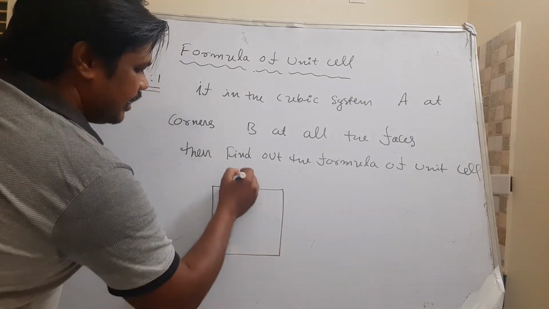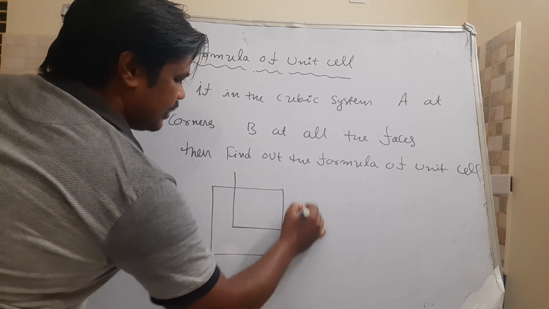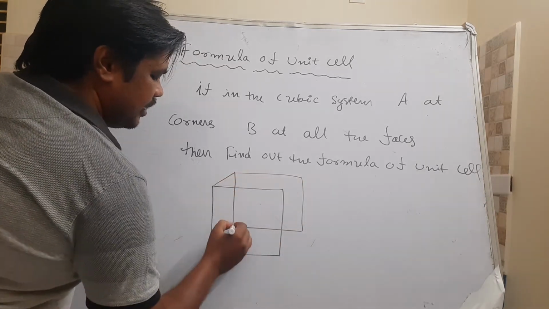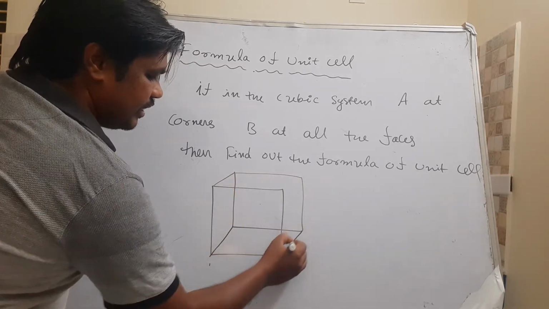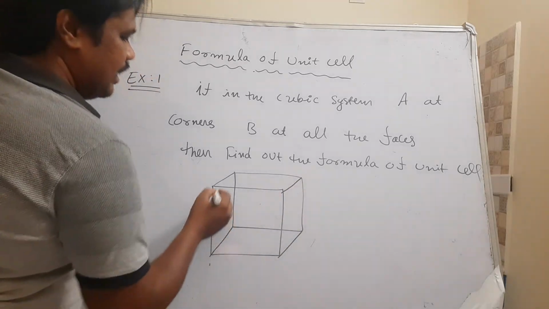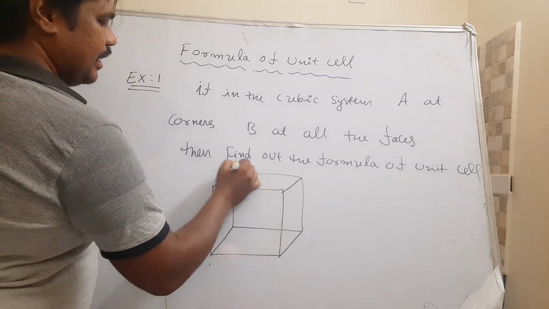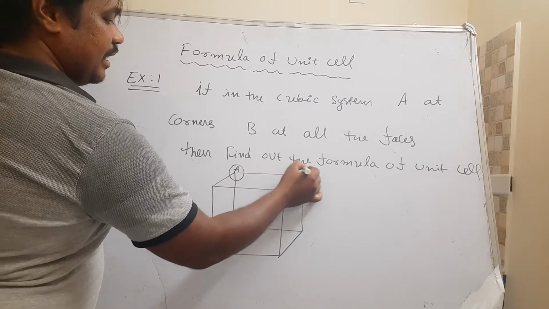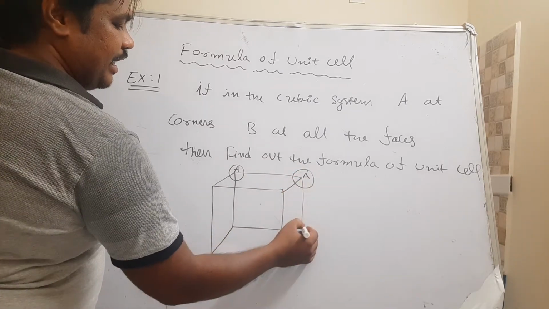I think it is visible, right? Here A is present at each and every corner.